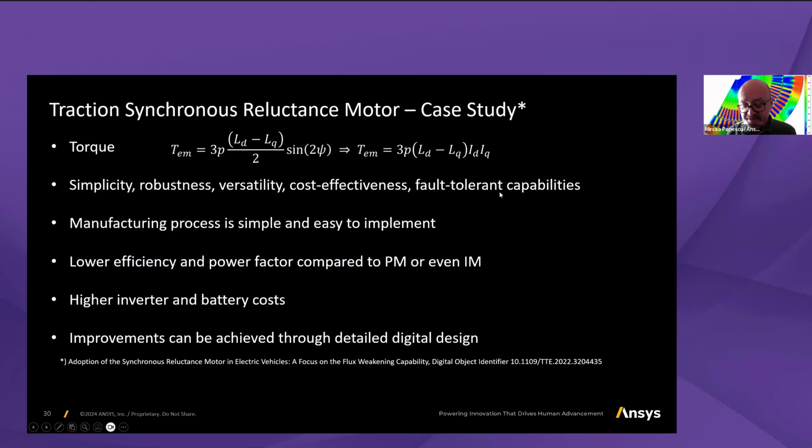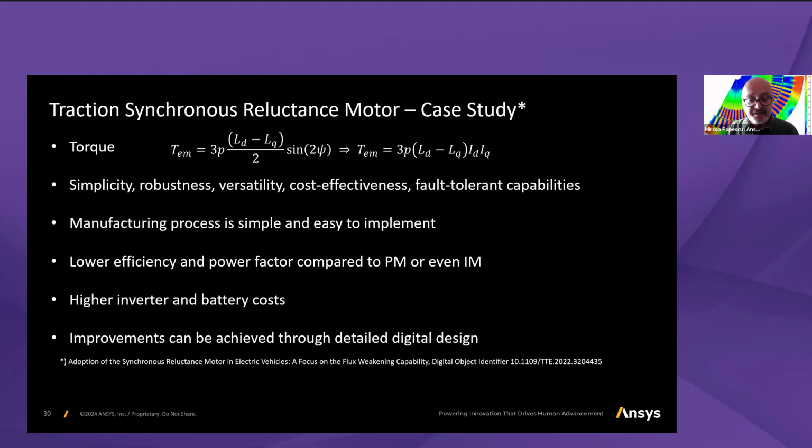The rotor field doesn't exist. Synchronous reluctance has no excitation. So based on the equation for the torque, we can see that the ways to increase the output of this machine is either more current, Id, Iq, or higher saliency ratio, or the difference between these two dq axis components of the magnetic structure.